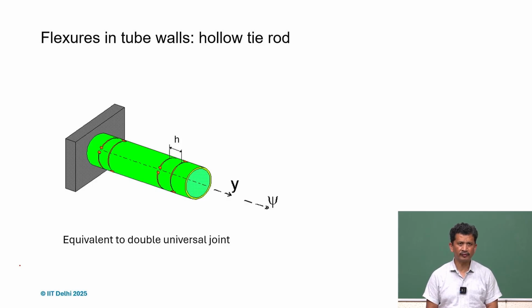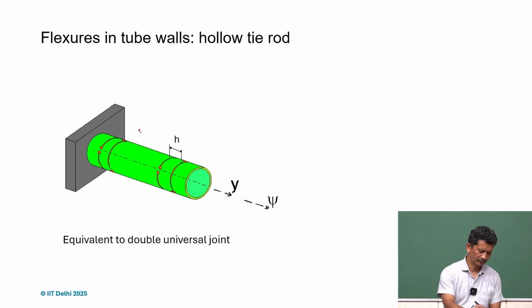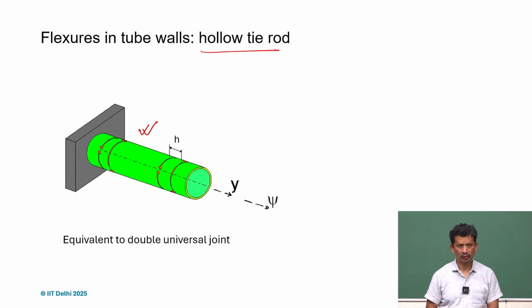So for instance, if we take this case, a hollow tie rod, the thickness is really small here, and the other parameter is h, the width.